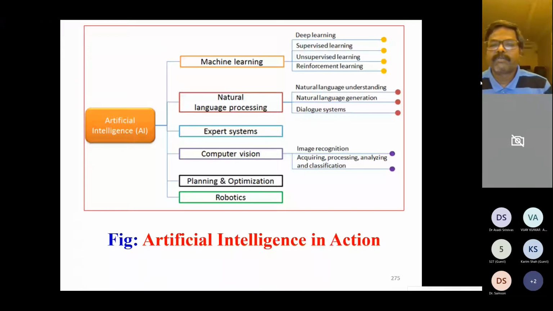In natural language processing, we are deriving natural language understanding, natural language generation, and dialogue systems. Then in computer vision, we are using image recognition, acquiring, processing, analyzing, and classification.